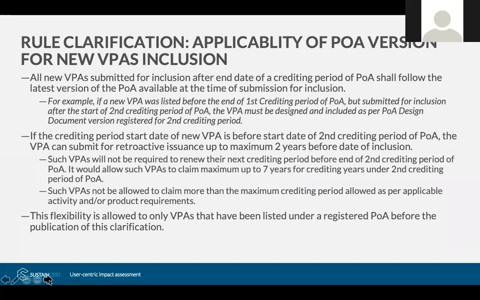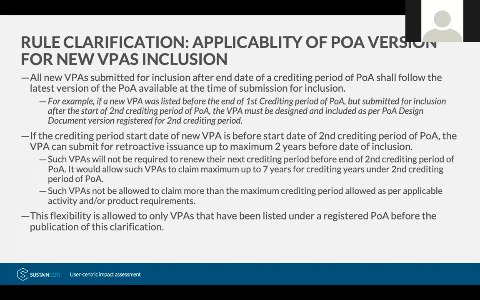Let's take a look at the second one, which is the applicability of POA version for the inclusion of new VPAs. This clarification basically says that any VPAs which are submitted for inclusion after the crediting period of a POA has ended will follow the latest version of the POA which was available at the time when the VPA was submitted for inclusion.